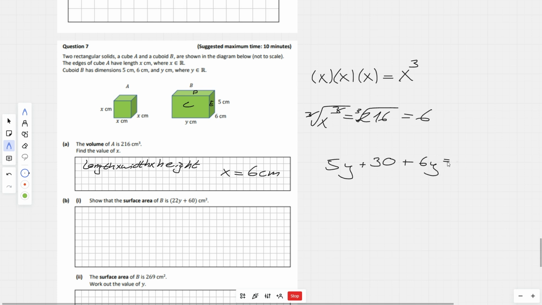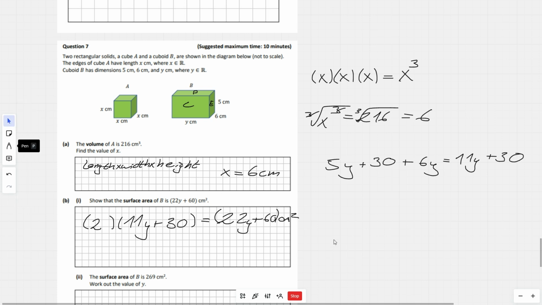I'm just going to add all of these together, which is 11y plus 30. Now think back to multiplying all of those by 2, doubling for the other side. So I'm going to do 2 by 11y plus 30, which is 22y plus 60 in brackets, and we'll work with area, so centimeters squared. So that's our answer to part B.